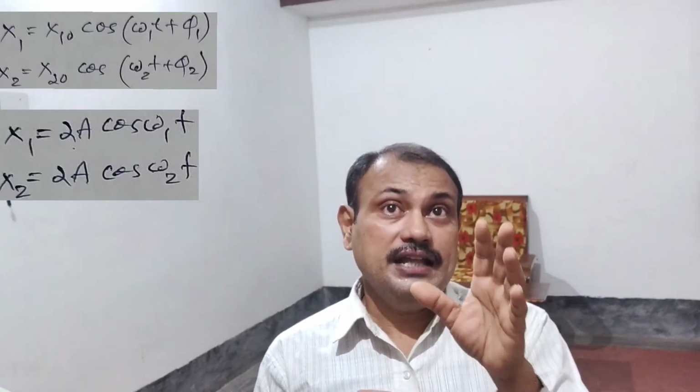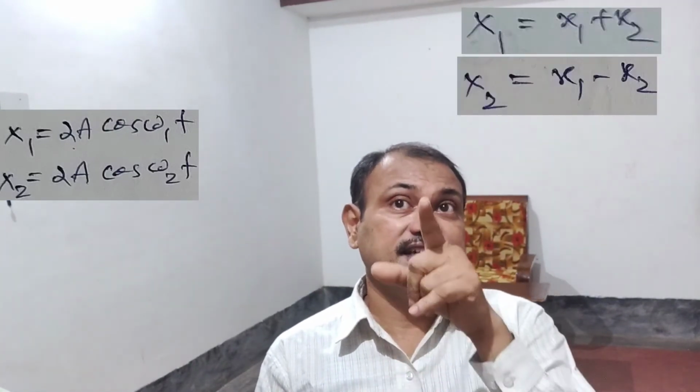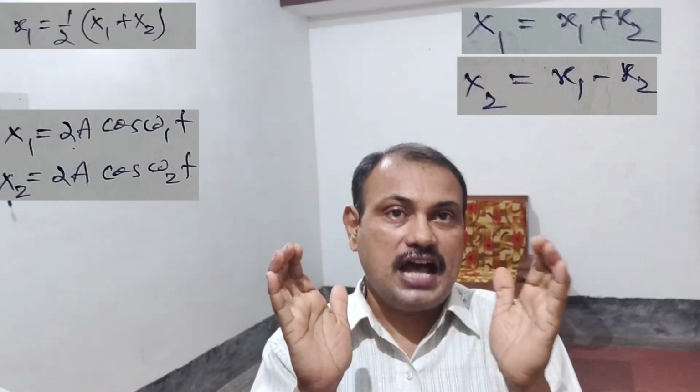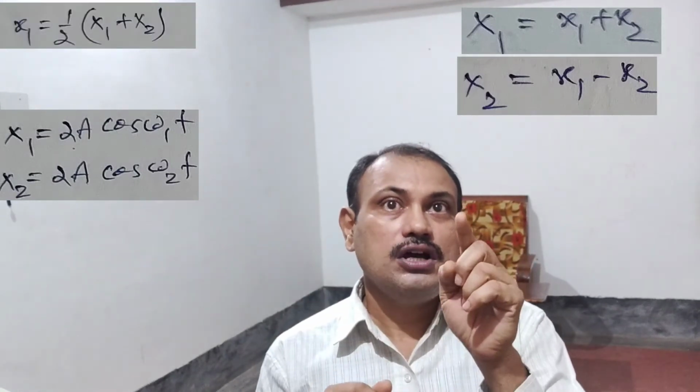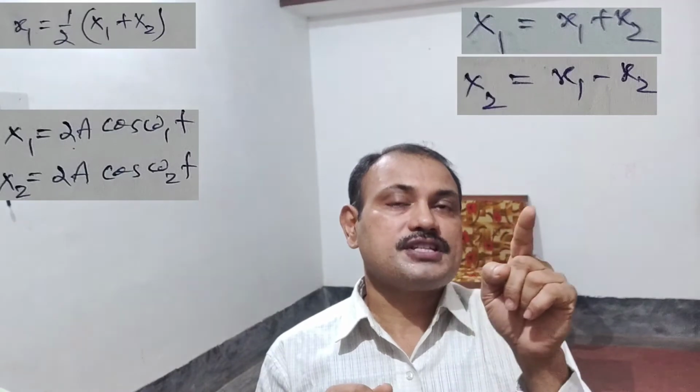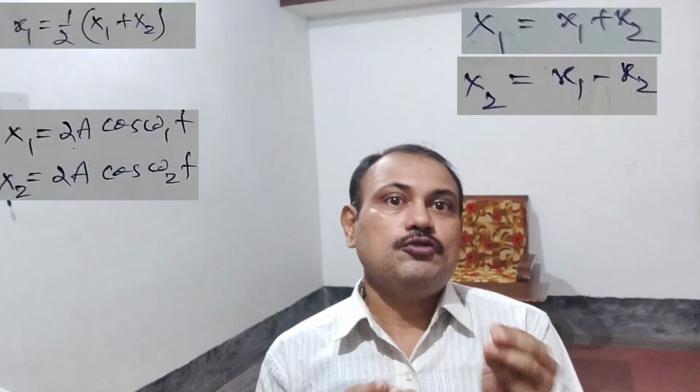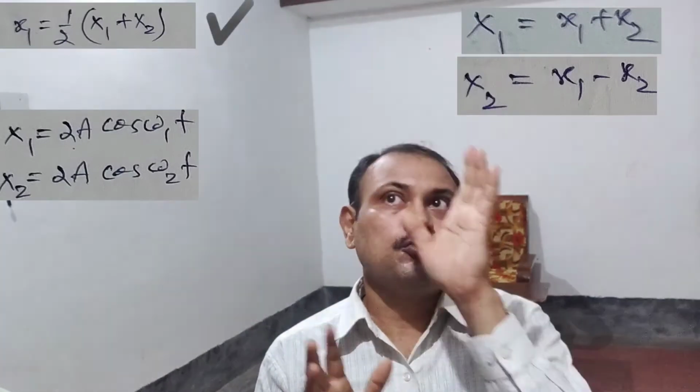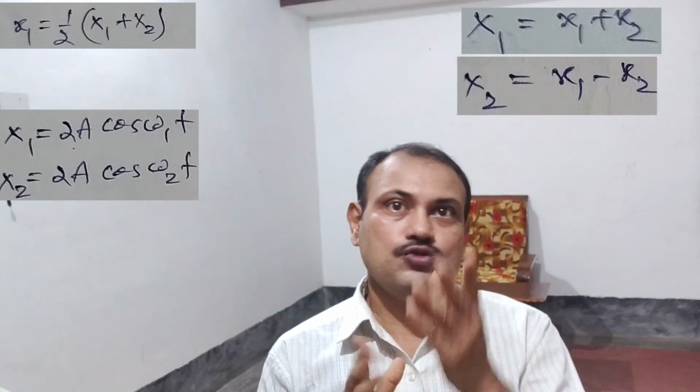Now in that case, if you recall the generalized coordinates, if you take capital X1 plus capital X2 by 2, that will give you the displacement of the first pendulum, as we have said.